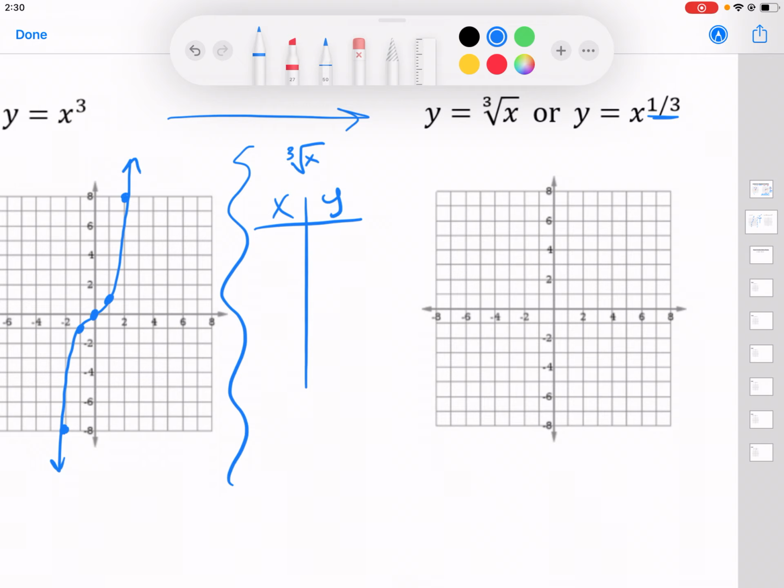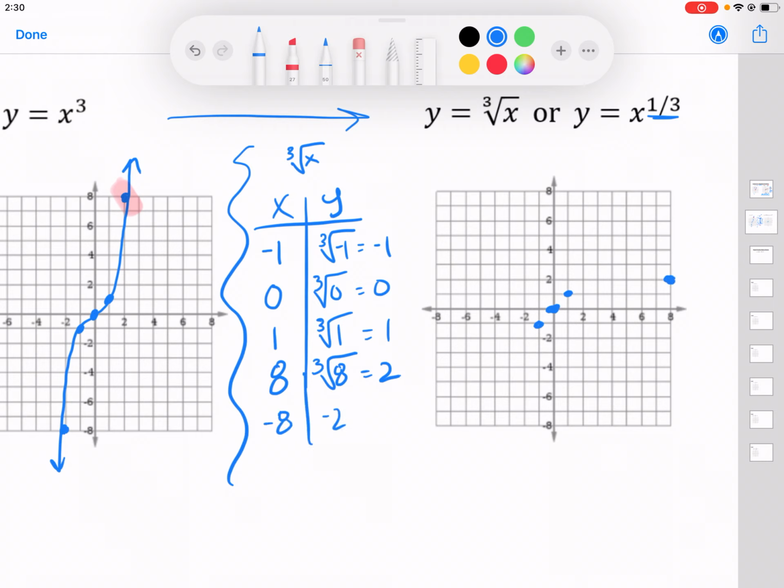We are allowed to put negatives in cube roots, so you could do -1, and the cube root of -1 is -1. 0, the cube root of 0 is 0. 1, the cube root of 1 is 1. Now 2, if you do the cube root of 2, you're going to get a decimal. So like we did on the last one, I'm going to switch the order of this coordinate because 2 cubed is 8, so I'm going to plug 8 in, and the cube root of 8 is positive 2. So we get these coordinates. I could also plug in -8, by the way, and you'd get -2 if you want to do that as well.